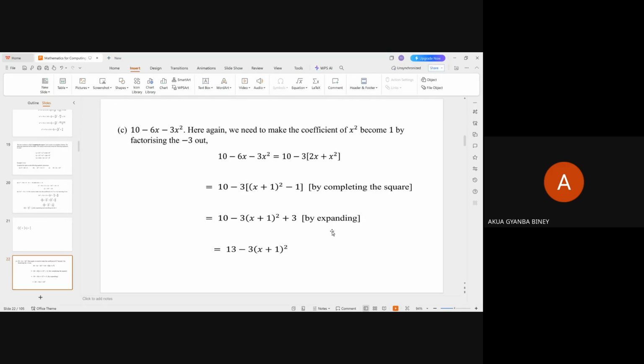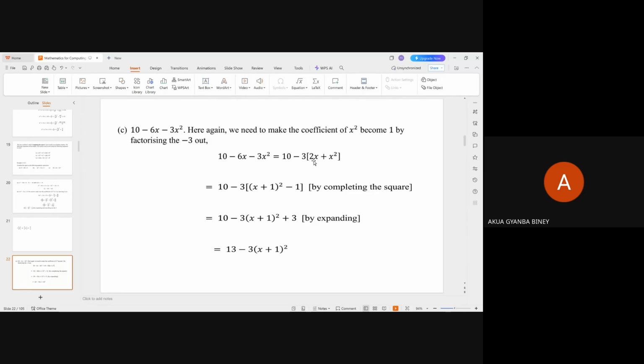So when you make the coefficient of x squared 1, the next thing is take the b part, half it, divide by 2, add x to it, all squared. That is your first part.